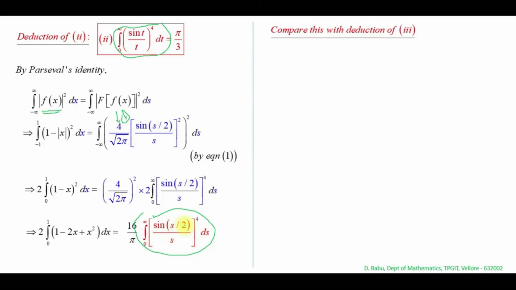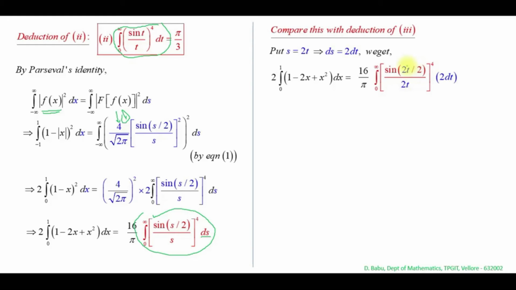We have sin t. So put s equal to 2t. Here also ds. So differentiating on both sides, this implies ds equal to 2 dt. So substituting s equal to 2t, ds equal to 2 dt, we get this one. So now 2 get cancelled.